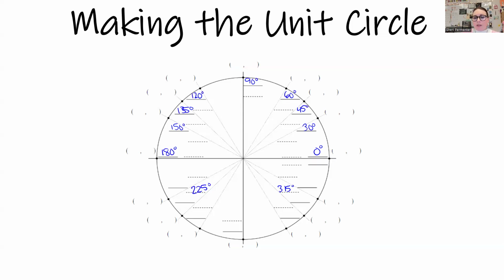And then the others, you can just count by 30s or count by 3 and add a 0. So 30, 60, 90, 3, 6, 9, 12, 15, 18. And then this one's going to, oh, I put these in the wrong spot.